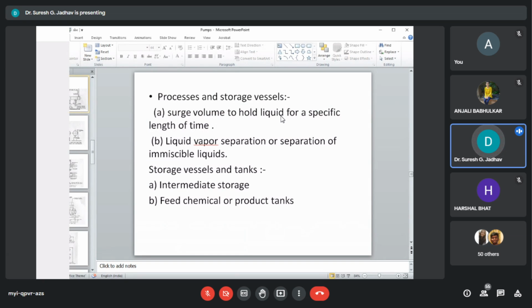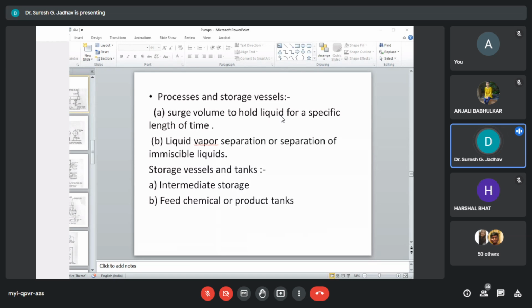Now the next parameter is process and storage vessels. The basic set of information required for the equipment and piping arrangement for the process and storage vessel does not differ from that of the other equipment. Design methods and conceptual details also differ very little.